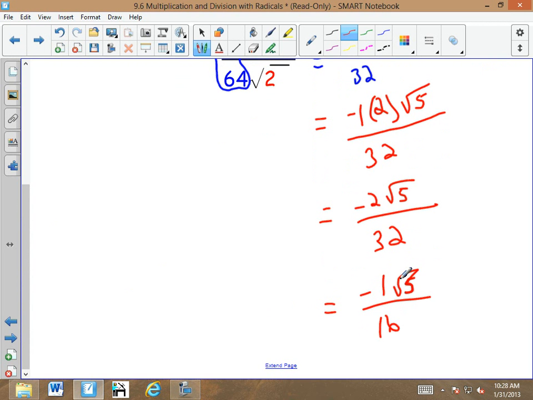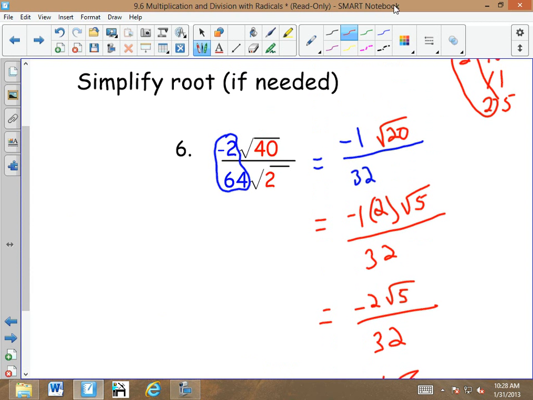Well, shucks, can I check this on a calculator? I sure can. Watch this. Let's go back to our original problem. In my calculator, you hit your fraction bar. On the top of the fraction, you put negative 2, square root 40, arrow over and down, 64 square root of 2, it equals, what does it tell you?